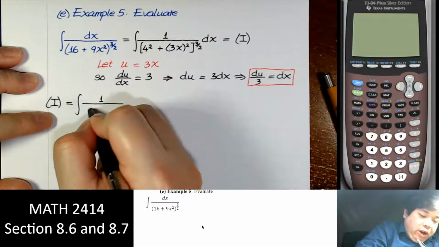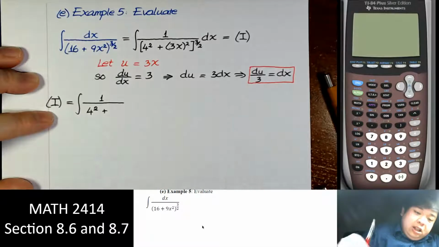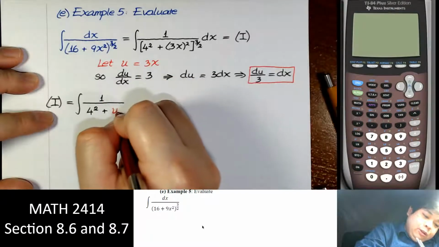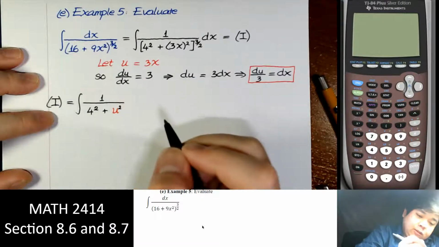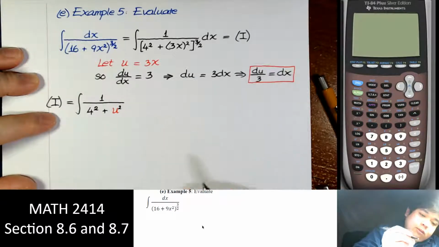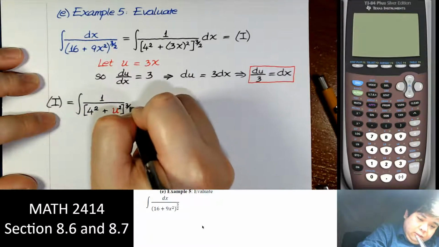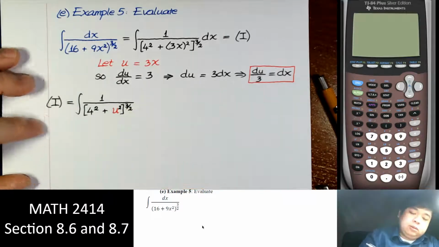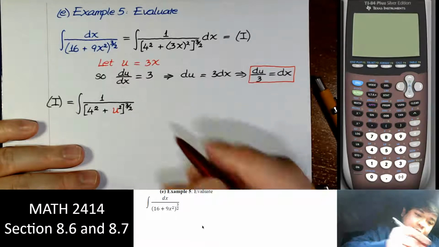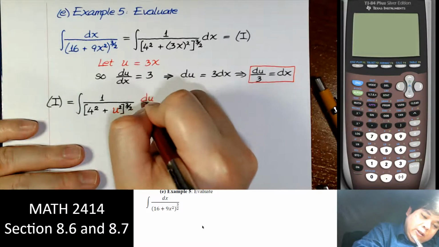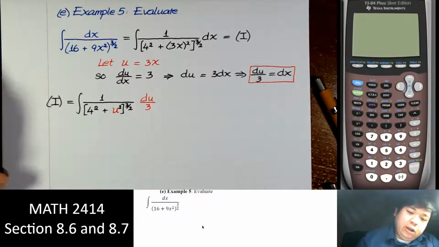Right, now we have 4 squared plus, instead of 3x, this is going to be u. And dx is du over 3. Right.